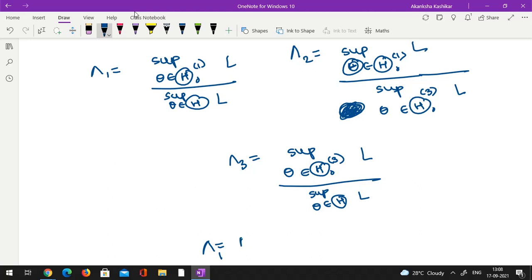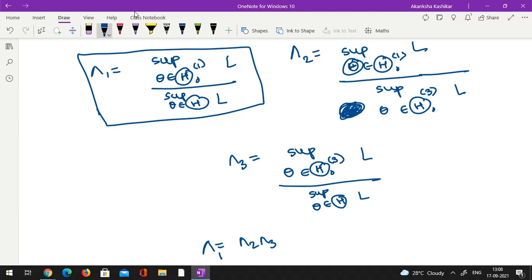Lambda 1 is equal to lambda 2 into lambda 3. I will write in terms of lambda 1. You're right, you told just by shifting this. I would write in terms of lambda 1 because lambda 1 is currently my hypothesis of interest. I want to test equality of mean vectors as well as dispersion matrices together. So I can do that via lambda 2 into lambda 3. I can get this test statistic by multiplying lambda 2 and lambda 3.